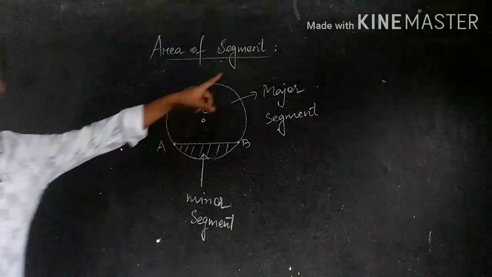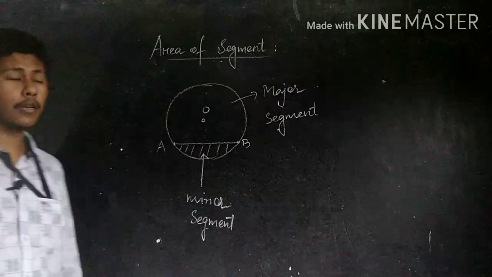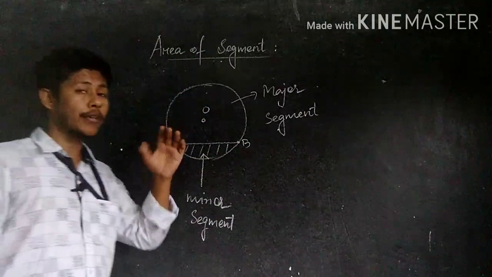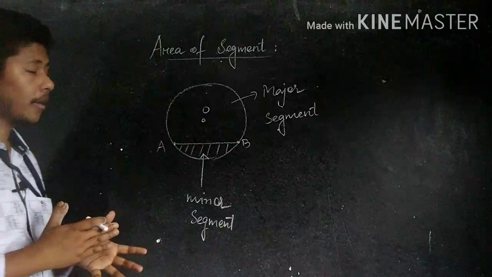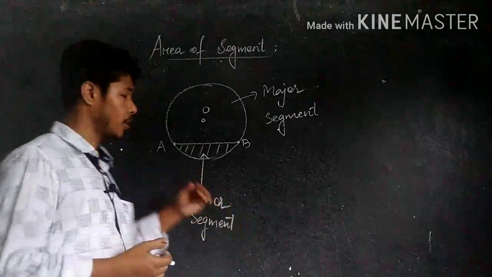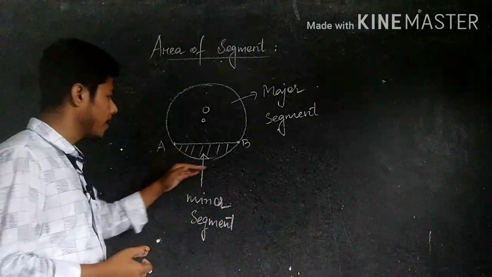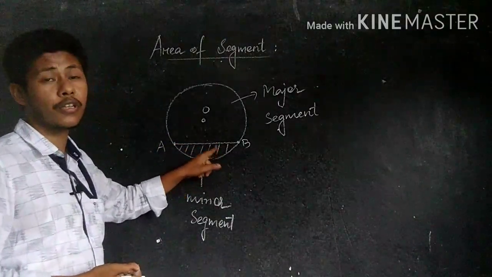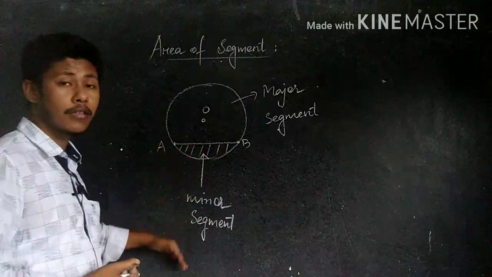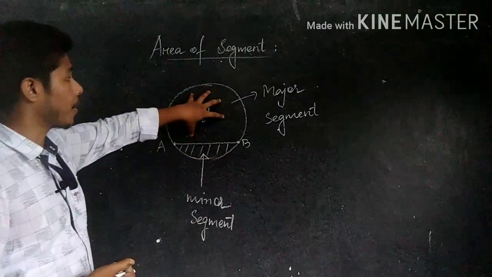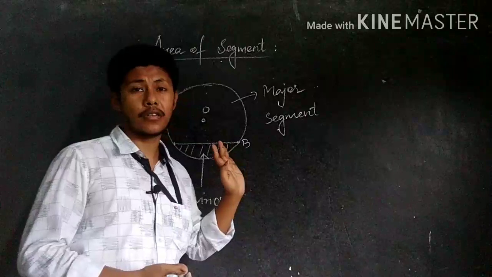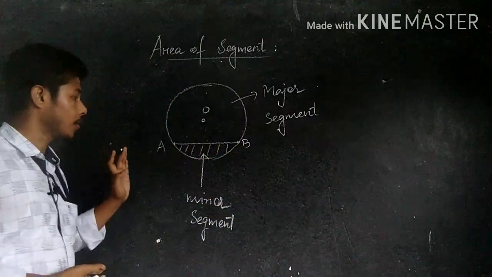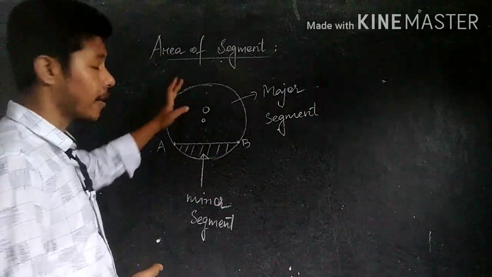Minor segment, major segment. So what is the difference between sector and segment? In a segment we need a chord. With the help of the chord, the smaller shaded portion is known as the minor segment, and the bigger part is known as the major segment. Is it clear?